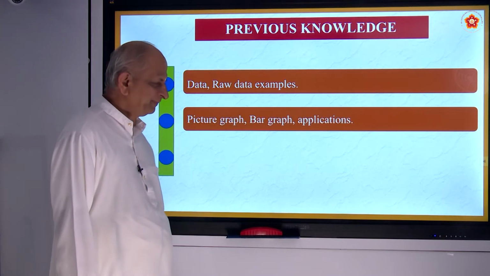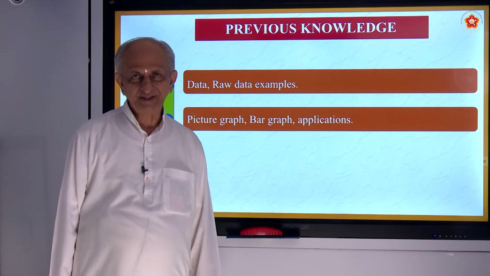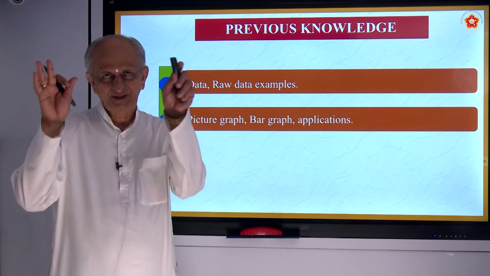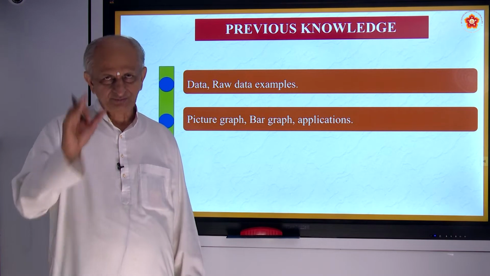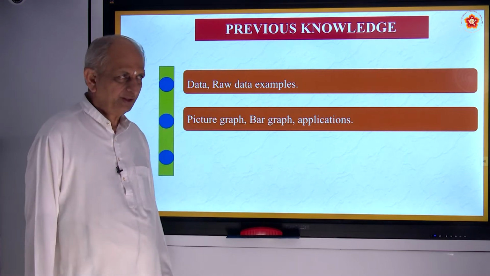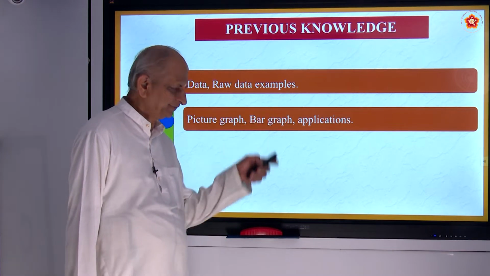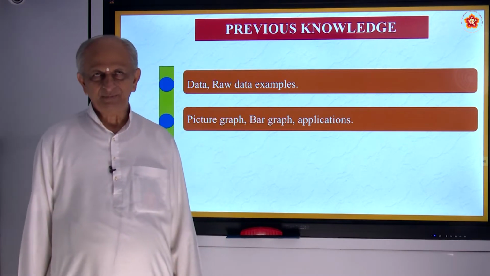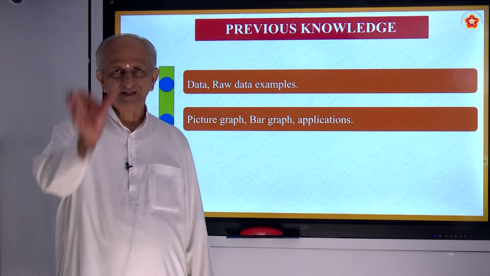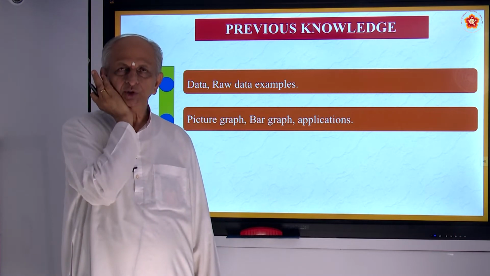And you have seen in the previous class about picture graphs. By looking at the picture, you can get some information. Similarly, you have seen bar graphs. In a bar graph, there will be rectangular boxes showing the information.